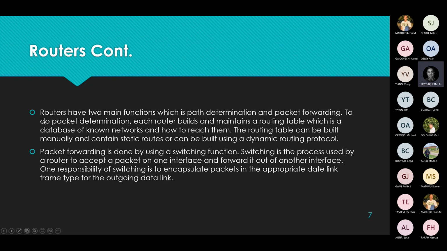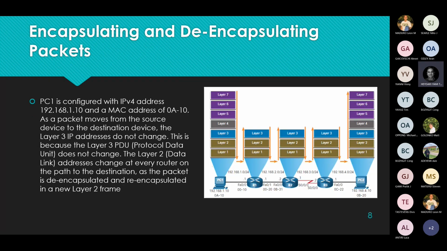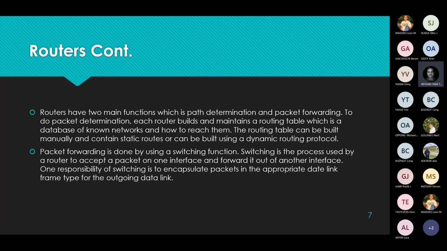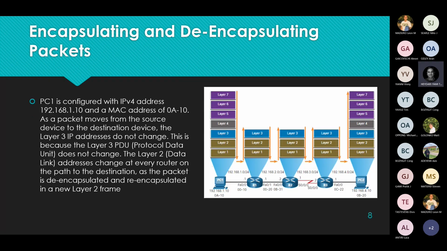Yeah, so don't confuse this switching with the switching that switches do in the form of frame forwarding. So yes, we're going to see how routers do switching in a sense that how routers forward IP packets, layer 3 packets. And this slide, which is the next slide for Milo, explains this concept very well.